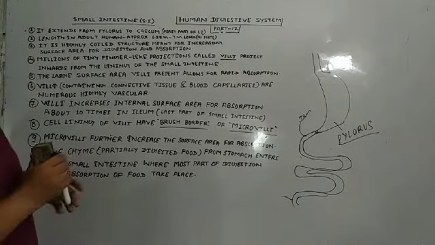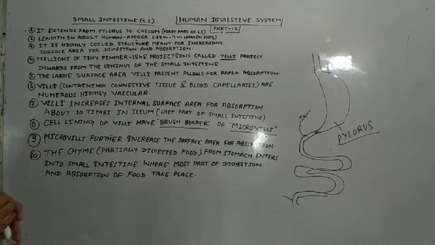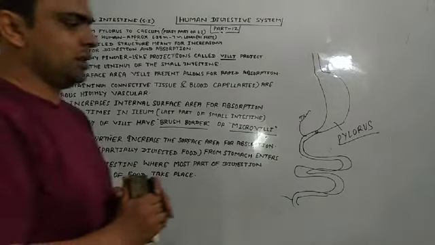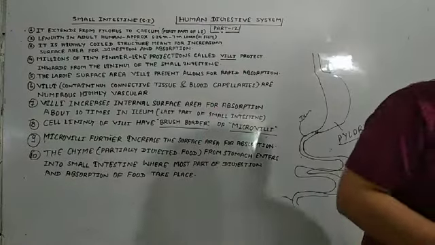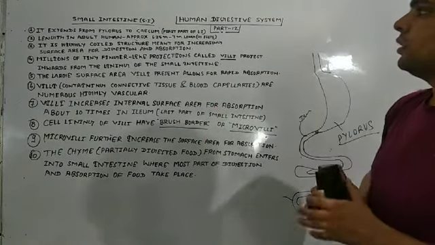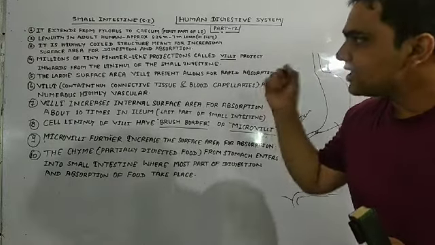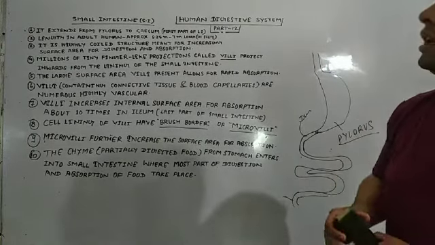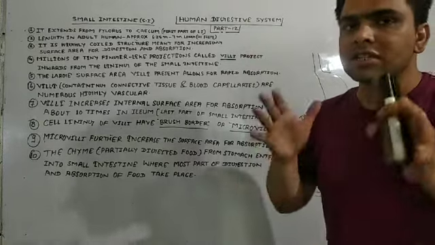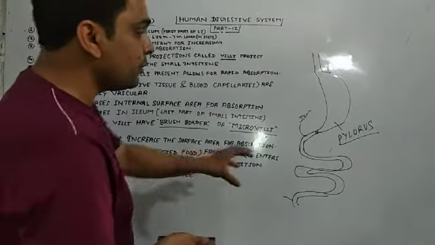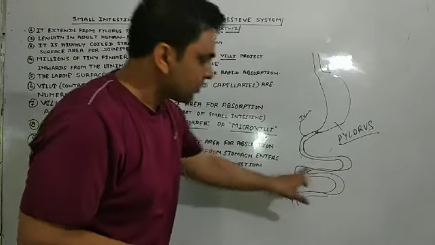Come to the next point. It is a highly coiled structure meant for increasing surface area for digestion and absorption. I have written here that it is a highly coiled structure. Students, you must know that this structure has this special feature. This is the specialty of the small intestine, that it has multiple convolutions.